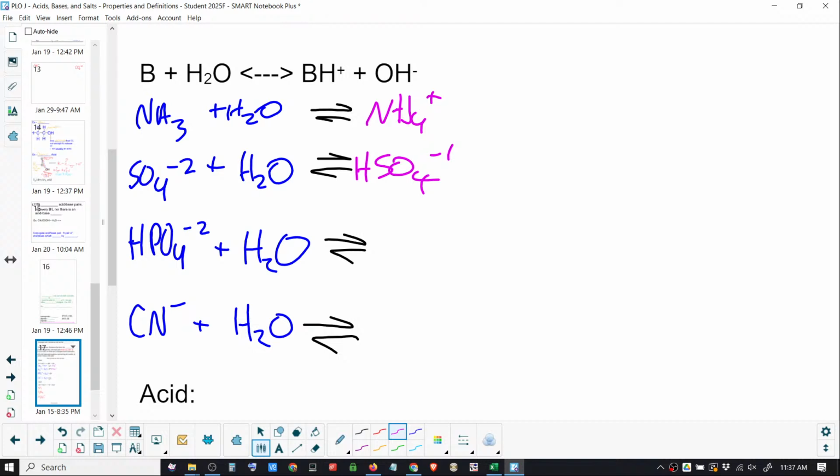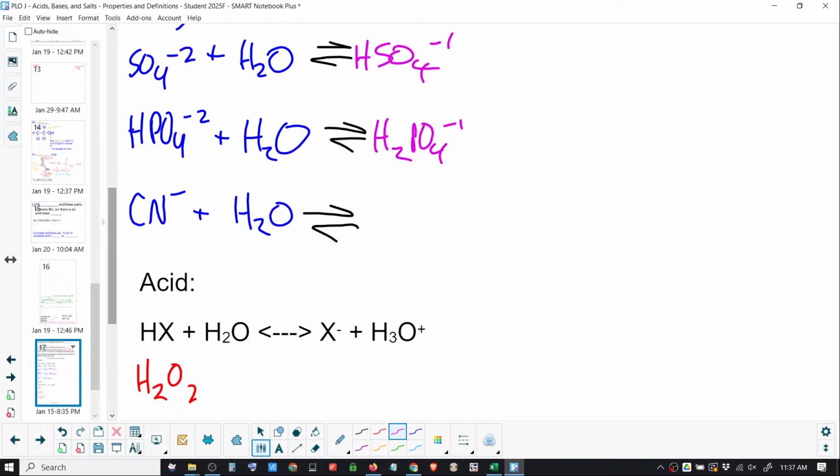HPO4 -2 would become H2PO4 -1. So these should all decrease in charge by 1. This just becomes... Wouldn't they all have plus OH on the end? Yes, I haven't done that yet. Why, if you're adding hydrogen?